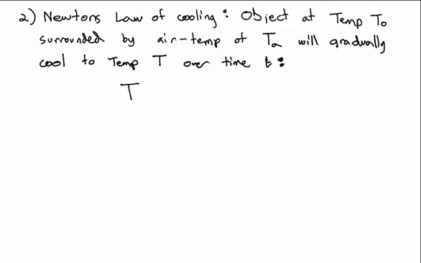The formula is the final temperature is equal to the temperature of the air plus the temperature starting minus the temperature of the air times e to the k t.